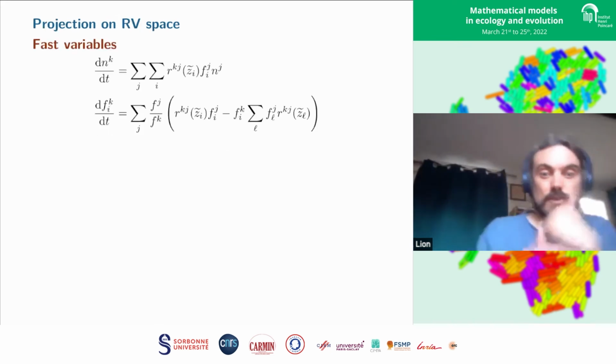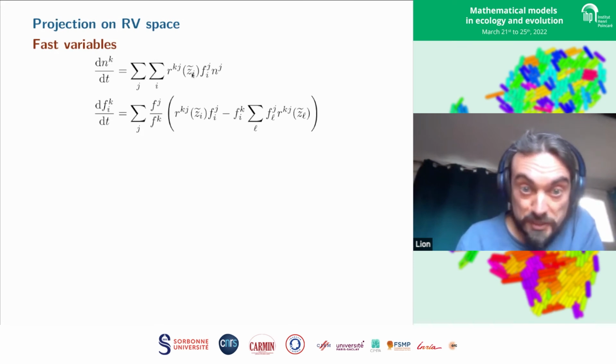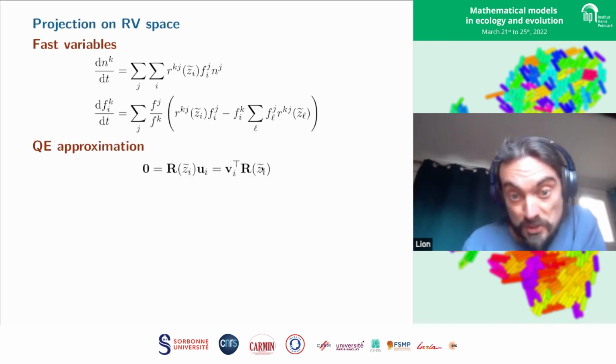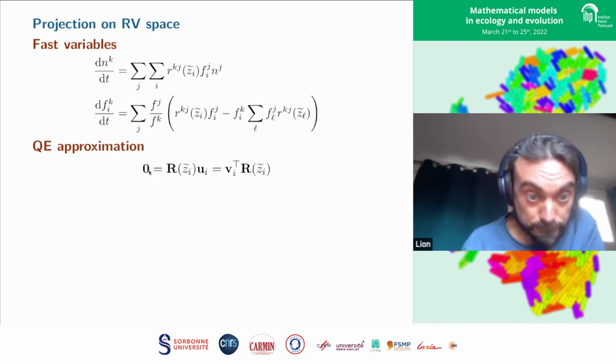And then if we do that, we can really simplify the dynamics, because the fast variables will depend only on the morph means of the aggregate distribution. We'll have some quasi-equilibrium approximation for the morph frequencies U and the reproductive value, which are very similar to the classical theory we know in evolutionary ecology.